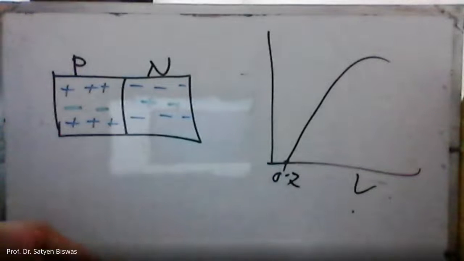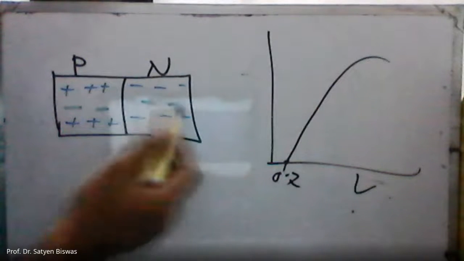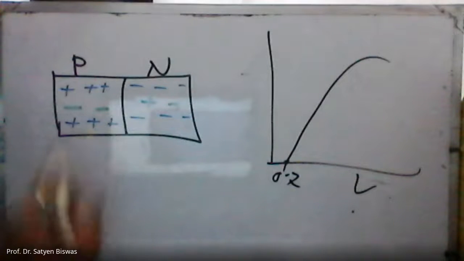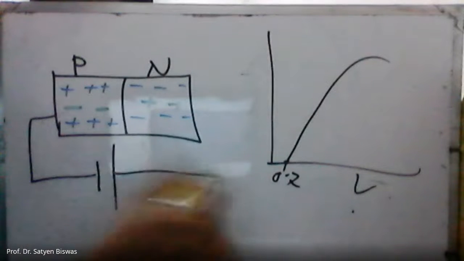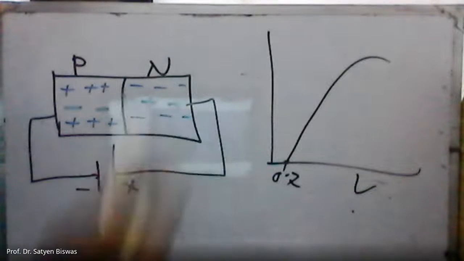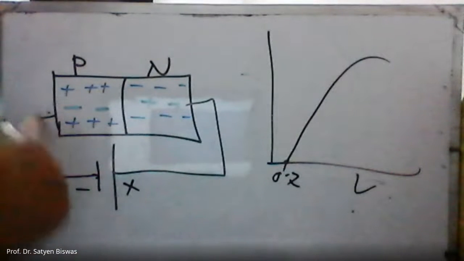So let's say we are drawing another piece of diode, and this is P, N. In the N type there are 6 electrons and 2 holes, and there are 6 holes on this side and 2 electrons. And now in case of reverse bias, what do we have to do? We have to put the opposite polarity, right? We have to put a positive on this side and negative on this side, right? So what will happen?